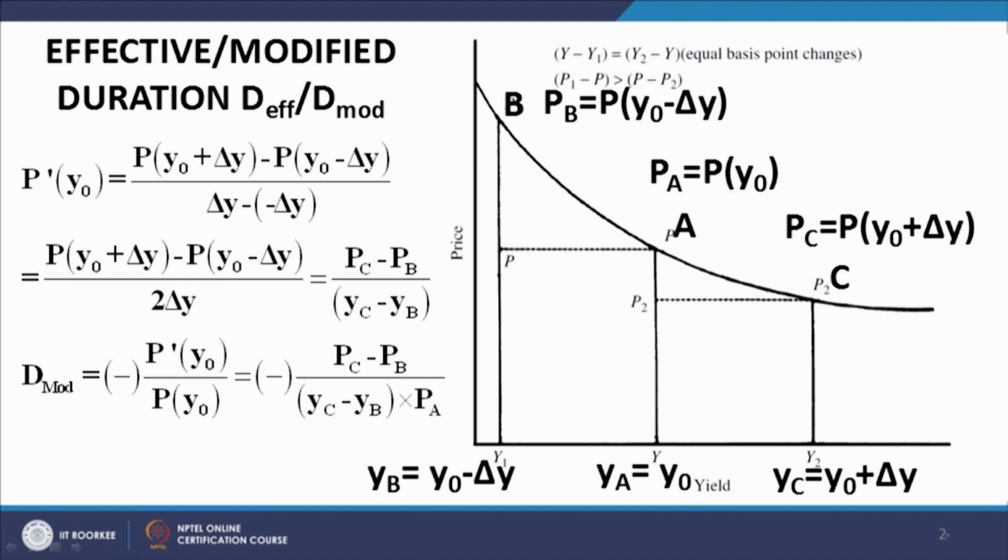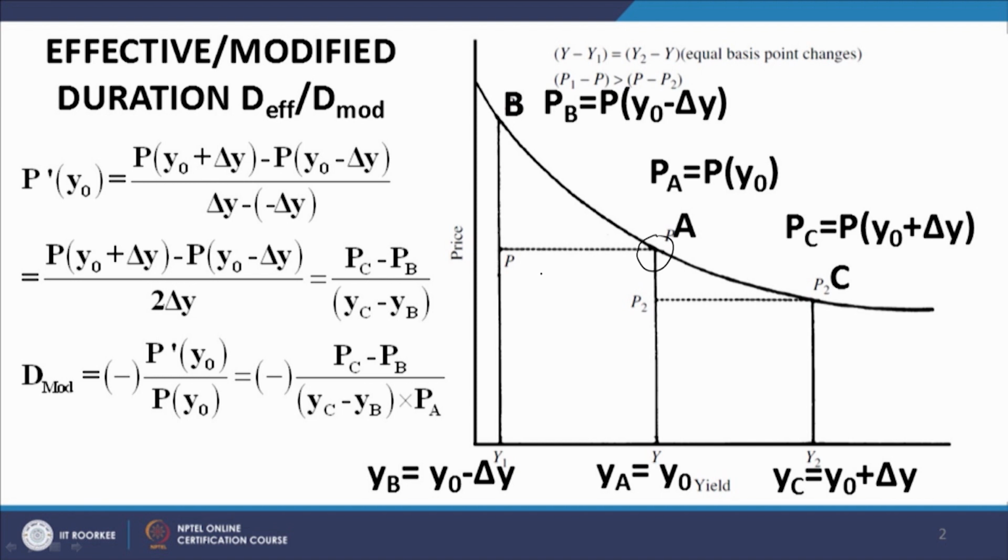We took a given YTM to start with. Let us call it point A, and let us call the YTM YA, that is equal to Y0, and the price at this YTM of Y0 or YA, you may call it either, is given by PA, and that is represented by this point which I am marking now on this particular diagram.